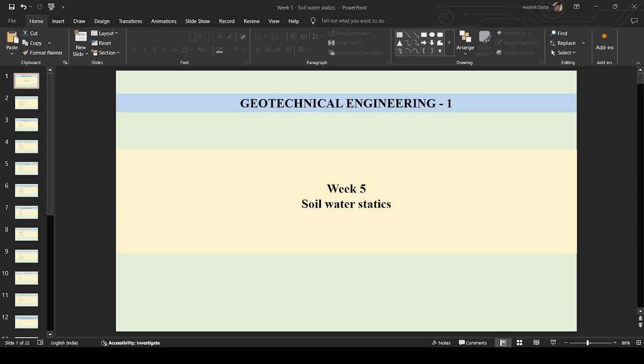Sir, a small query, sir. Yes, please. In the assignment number 5, week 5, the question related with capillarity, the fifth question, please check if there is any mistake. I don't want any answer because the deadline is still there.